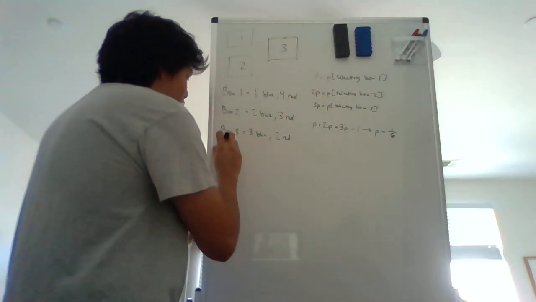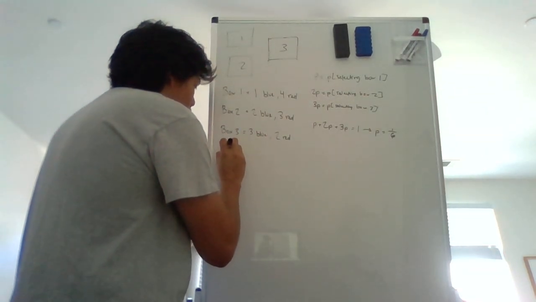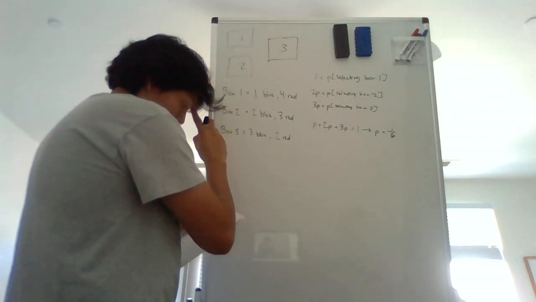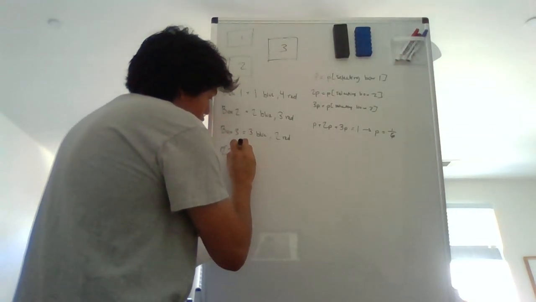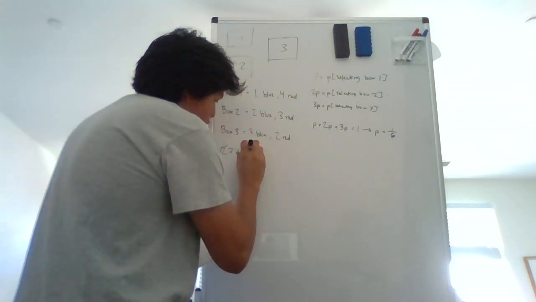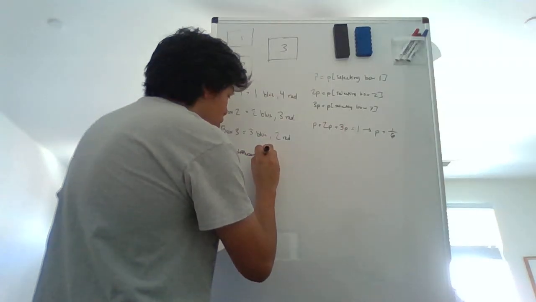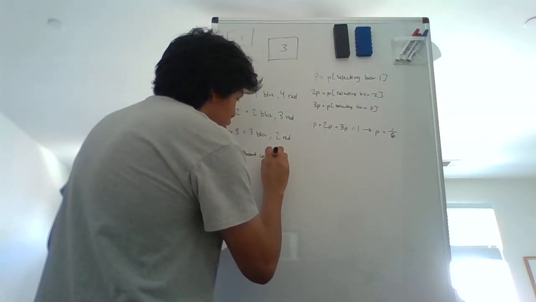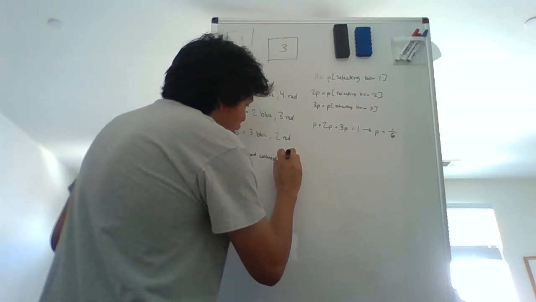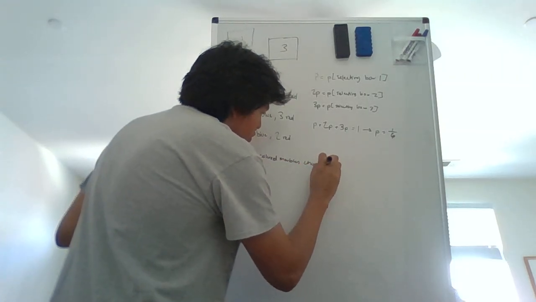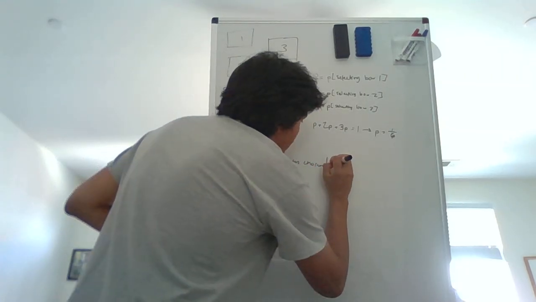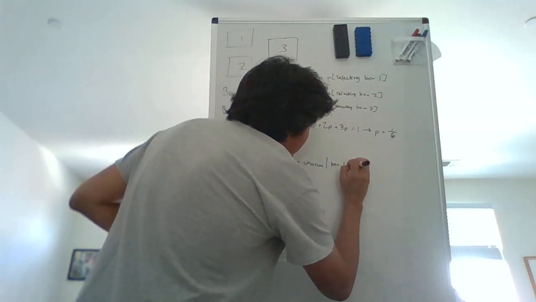Okay, so we're trying to find the probability of 2 different colors, two different colored marbles, chosen, given that box 1 is selected.